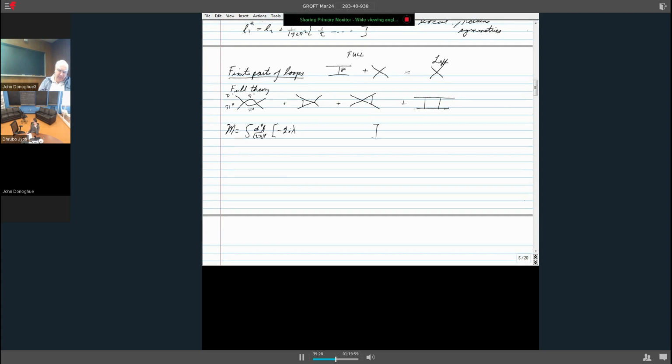And there's a box diagram. So I sort of group these together. The matrix element for this would have an integral d4k over (2 pi) to the 4th. I've actually got the answers written out here, so let me just copy what it is, because that's what I want to do. So there's minus 2i lambda.